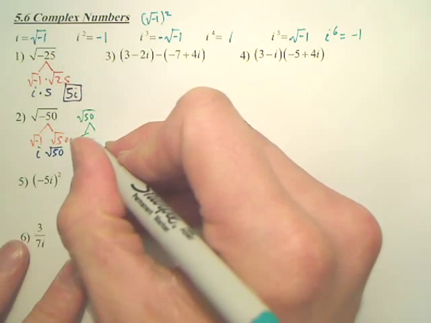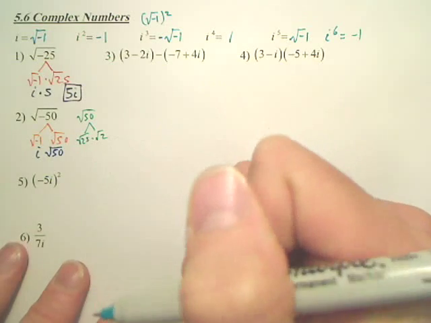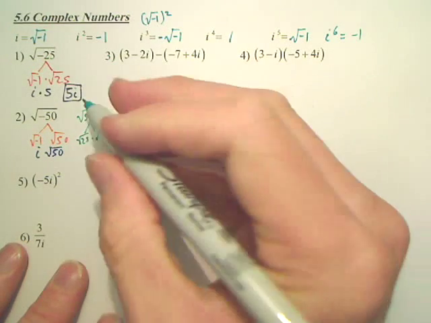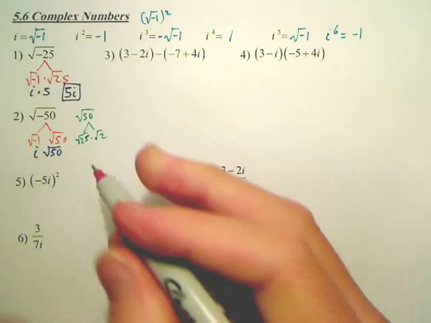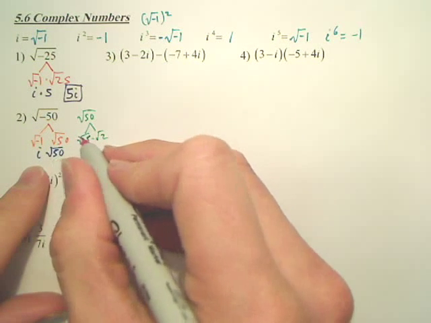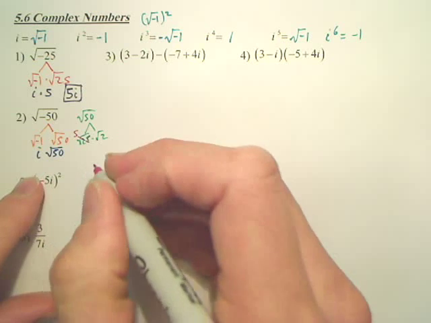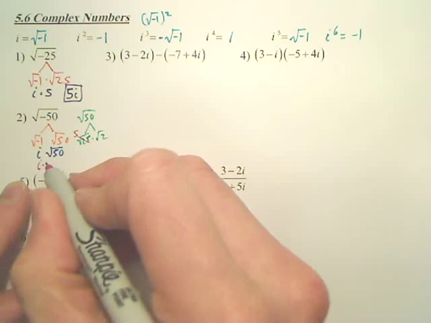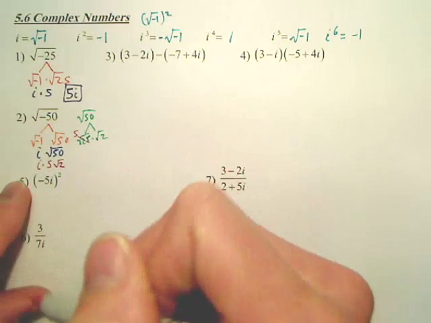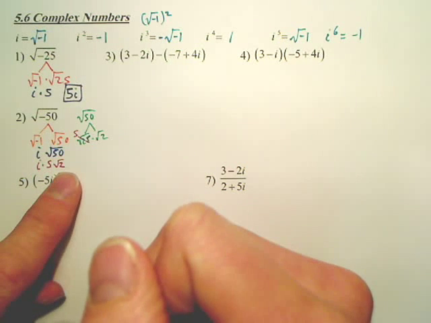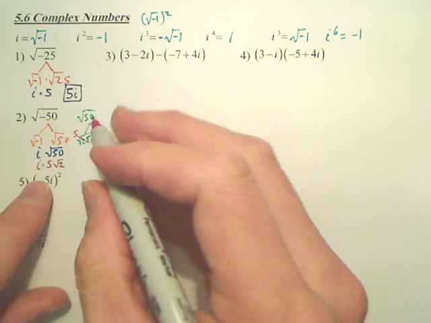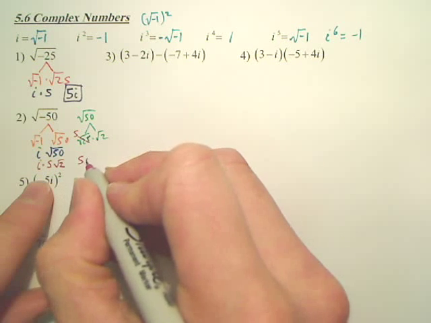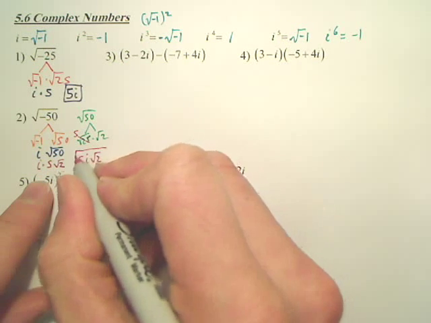Isn't that the square root of 25 times the square root of 2? So could I actually write my answer as, isn't that 5? Yeah. So wouldn't it be i times 5 square root 2? Which, instead of i5, can we make that 5i square root 2?